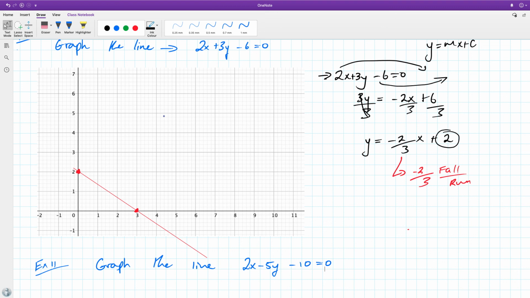What's the equation of the line like that? 2 over 5x plus 2. Minus 2 over 5.